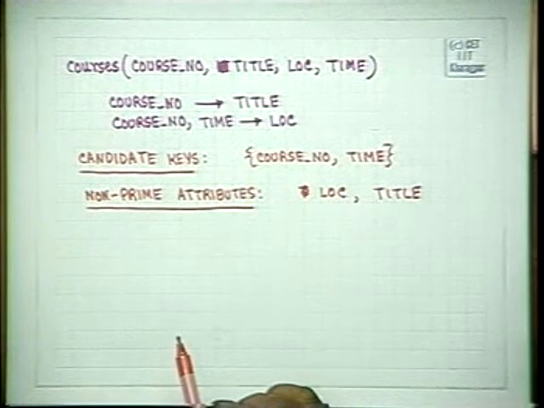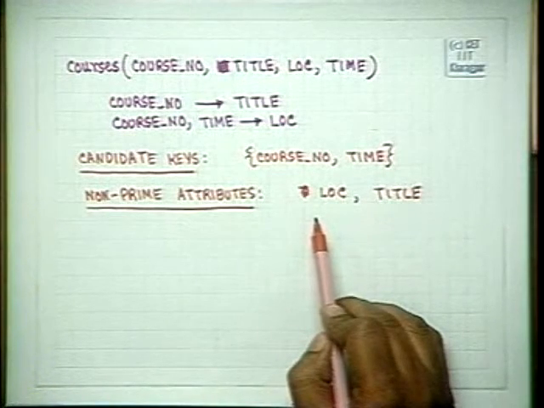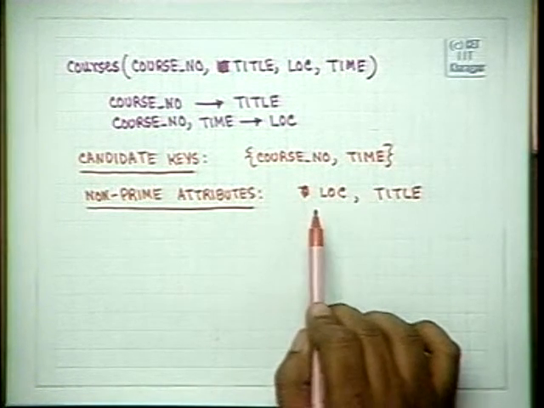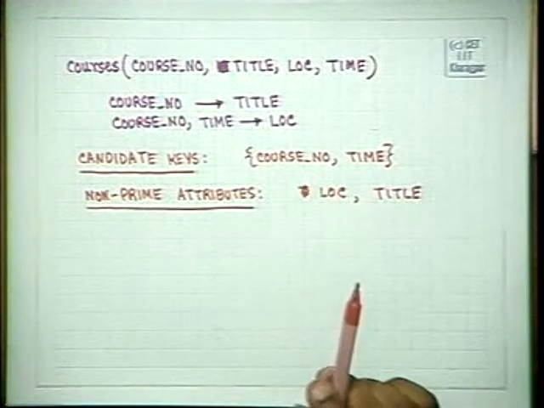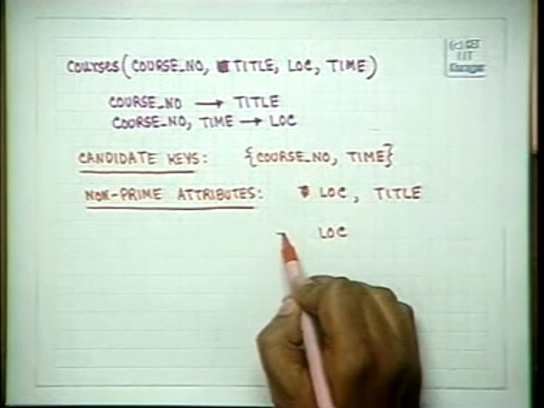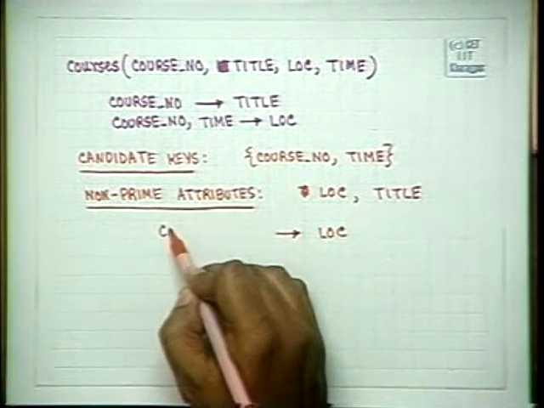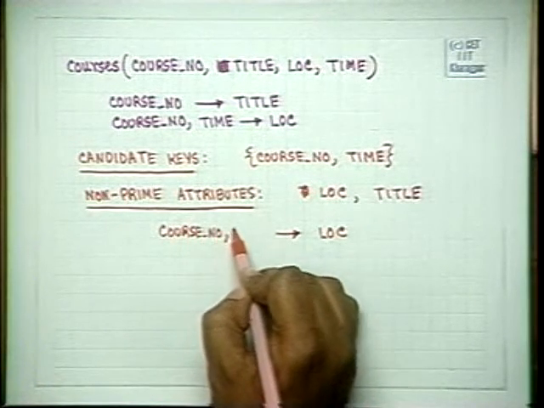And what does second normal form say? Every non-prime attribute must be fully functionally dependent on each candidate key. There is only one candidate key here, so there is no problem. Location is fully functionally dependent on course number and time.